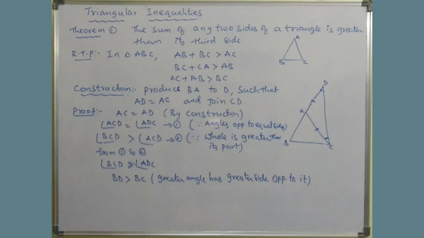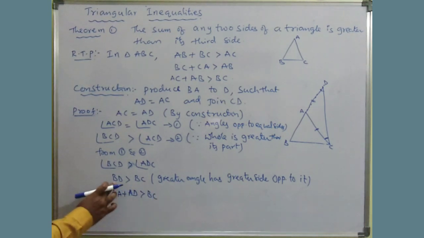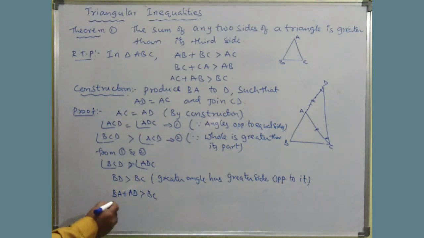Now look at BAD. BAD is a straight line, right? So what I can say, BA plus AD is greater than BC. I mean BD. BD means I can write BA plus AD, no? Yes. But AD is equal to AC also.